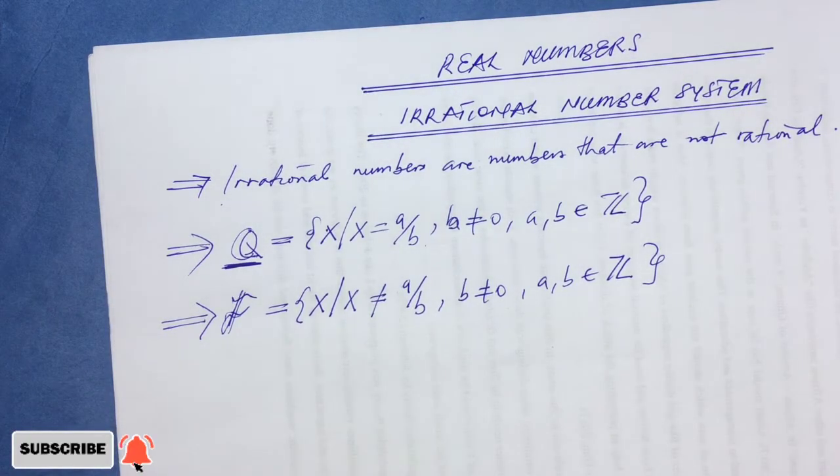A system in which you cannot express a number as a ratio of two integers is called the irrational number system.